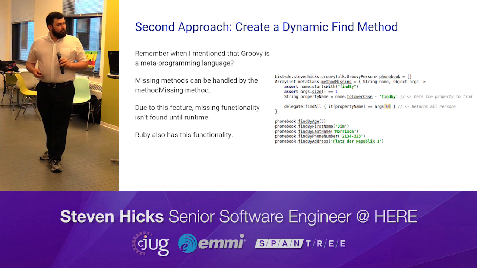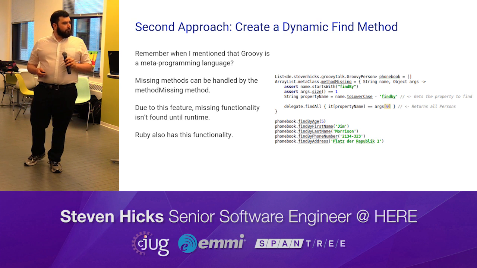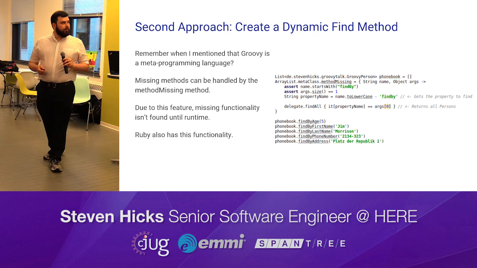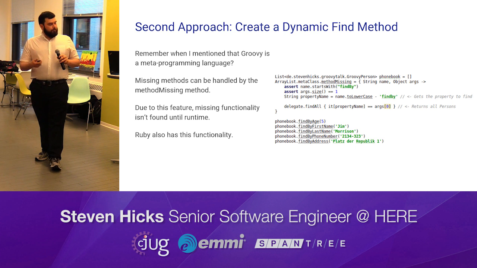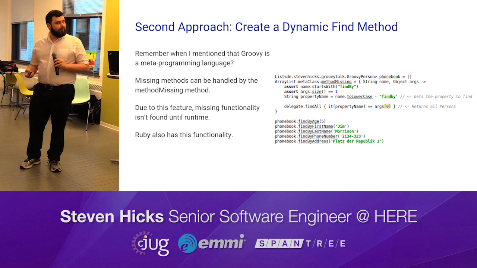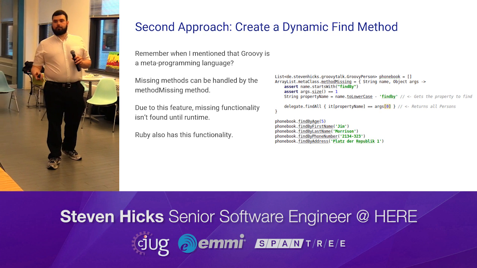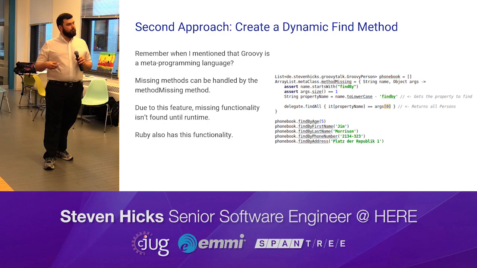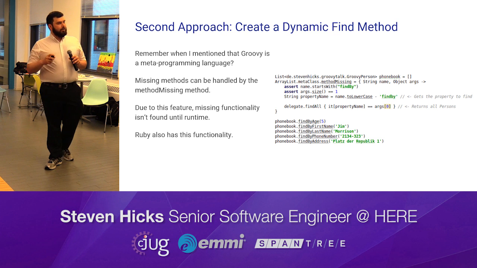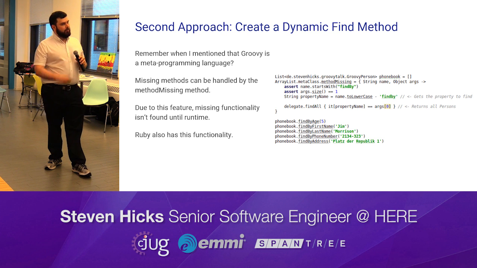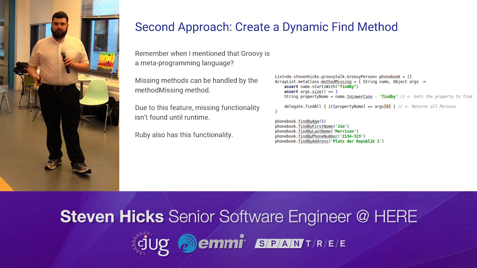So from that, in the example of phonebook.findByAge, we take away from the string findByAge the property name, which gives us age, and then we're going to do a find on the collection underneath, the array list. We're going to attempt to go through the entire collection using the dynamic functions provided on the collection, and we're going to send it a closure to check that particular condition.